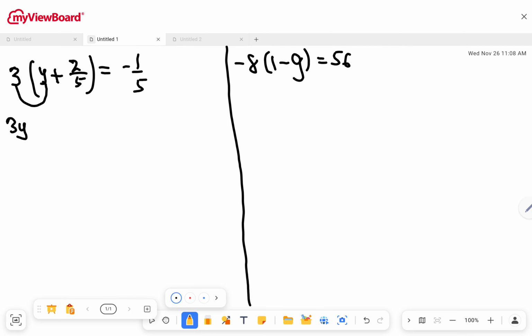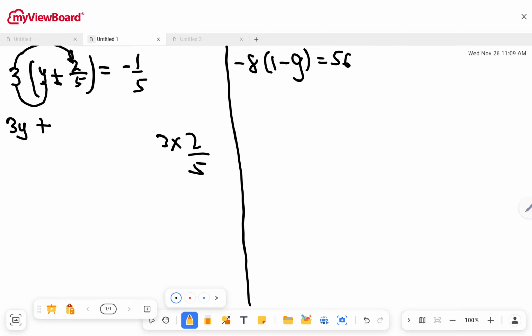Then you take into consideration the sign here. The sign here is plus. The 3 here is also positive. So you bring your plus sign. You multiply this 3 by this 2 out of 5. So we are going to have 3 times 2 out of 5, which is 6 out of 5.